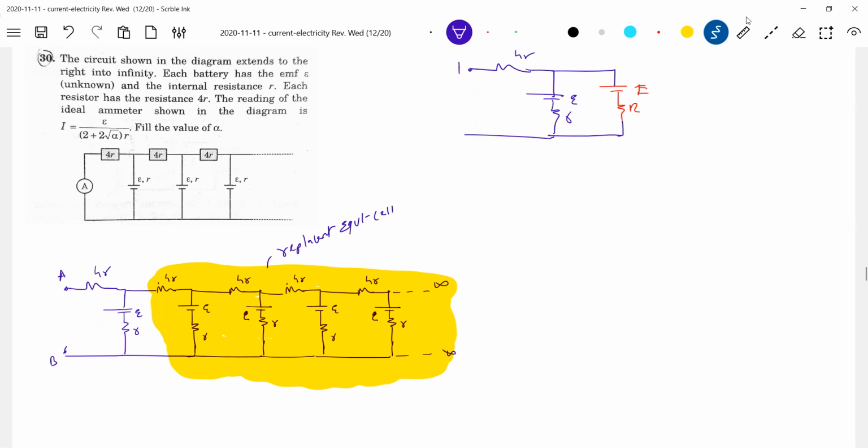I'll measure it as EAB. What is EAB? EAB should be E only. Do I agree? And what should RAB be equal to? That we have to calculate. We don't know RAB. That has to be calculated.